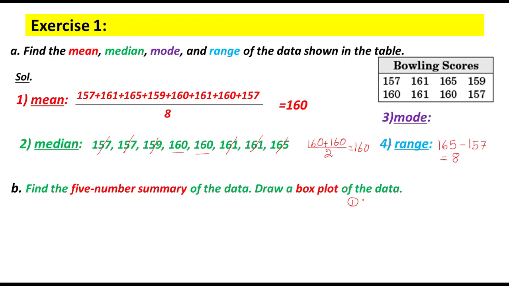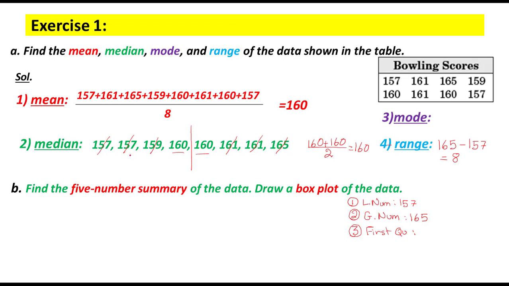First, the least number, which is 157, and the greatest number, which is 165. The first quartile, I'll look here. I will find that our median was here in the middle.